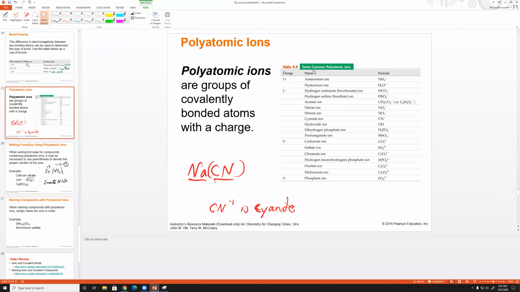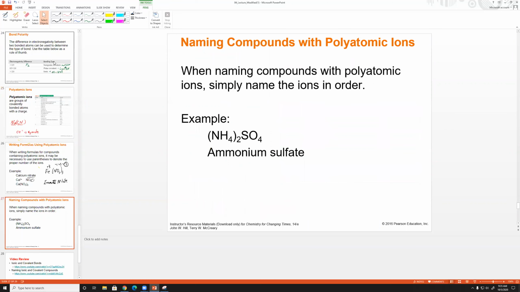This ammonium, if you look at the previous slide, has a +1 charge. It's one of the only cations that happens to be a polyatomic ion. Hydronium is another one, but you don't really see hydronium in ionic compounds. You see mostly ammonium. So something like ammonium sulfate, where SO4 is sulfate, this would have no metals in it, but it would still be considered ionic. That's weird, but that's just a little nuance.